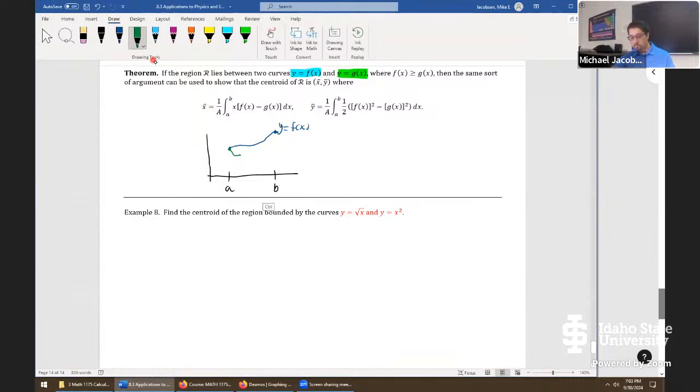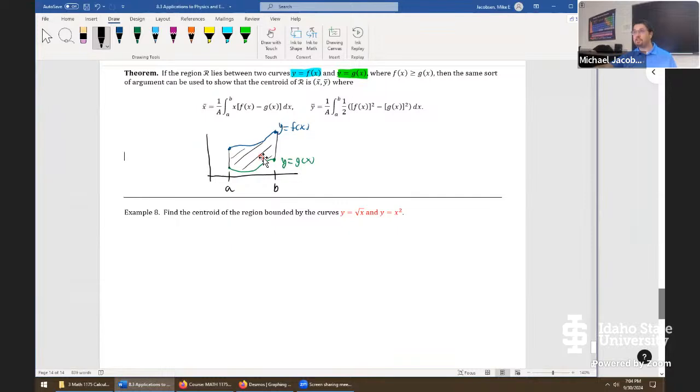They might intersect at multiple points, but the region we're really looking at is probably something that goes along like this. So here's y equals g of x. Then we want the condition f of x is always greater than or equal to g of x. We can put vertical line segments, x equals a, x equals b. And now we have a region.